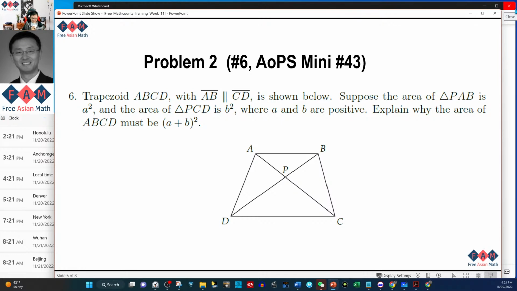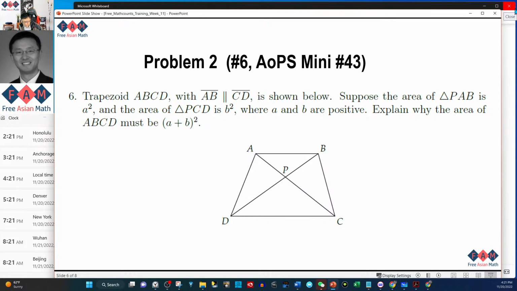That's really interesting. A and B are positive. Explain why the whole area must be (A plus B) squared. Looks like a lot of algebra involved. Indeed, there's algebra involved here.